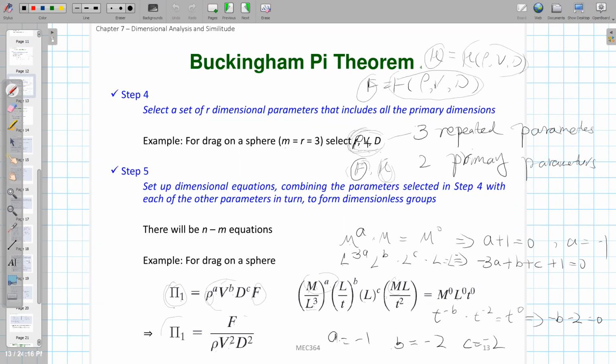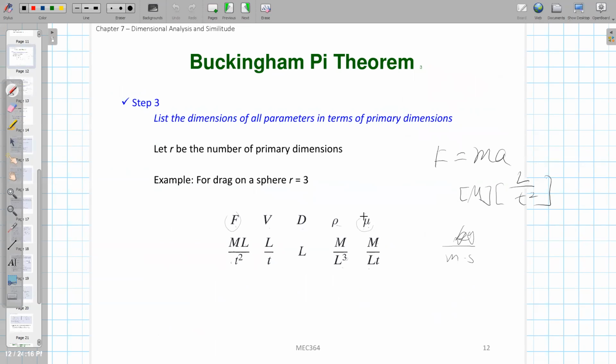Okay, here the reason we choose rho, V, D is that the density, the velocity, and the diameter of the sphere are usually easy quantities you can measure in the experiments. It's not like the viscosity mu. Usually it's not easy to measure the viscosity in the fluid, right? So I do not choose mu.